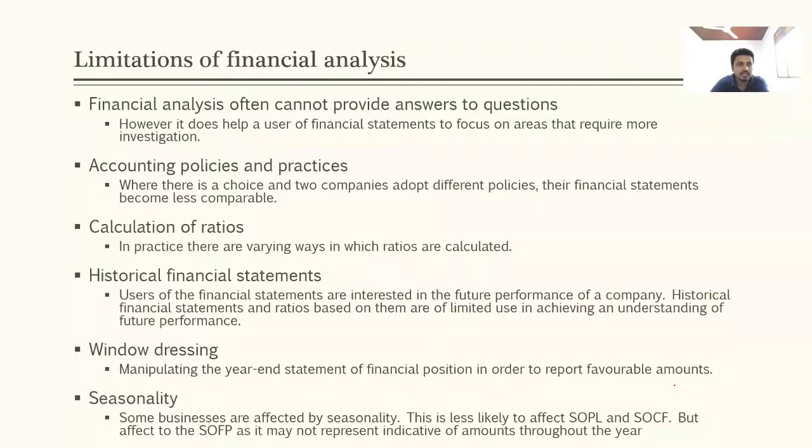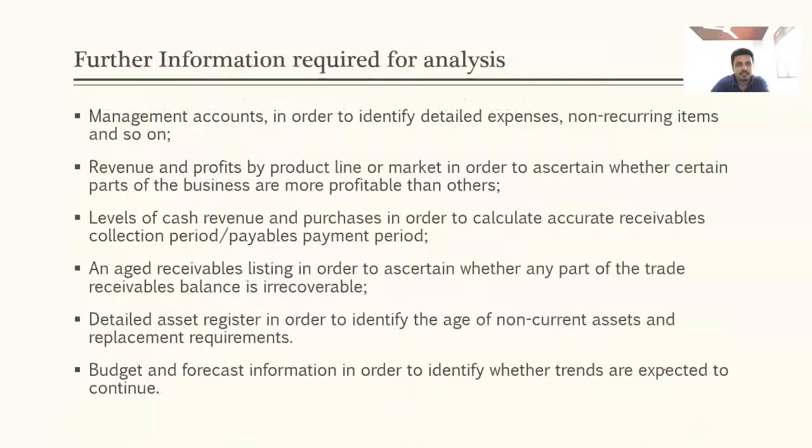Okay, so these are the major limitations in financial analysis. When we are analyzing these ratios and all, these limitations are there. So we need to be careful, and we need to keep that in mind. Right?